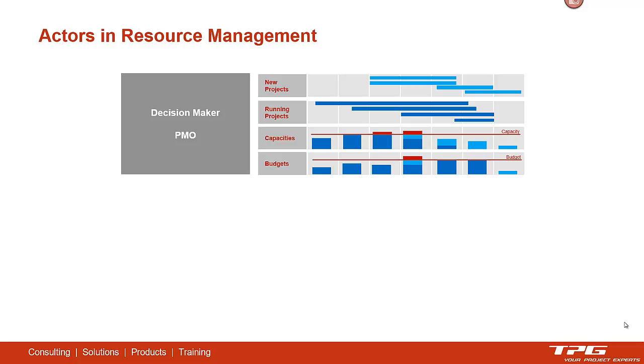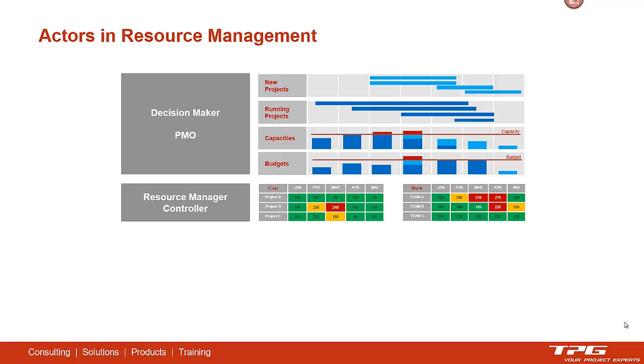So in that case, it's more or less a rough overview: aggregated information on project level, on resource level, and on budget level, to see what can be done in what time.